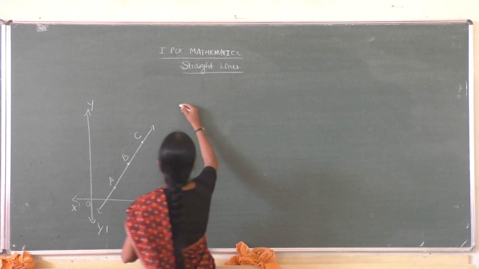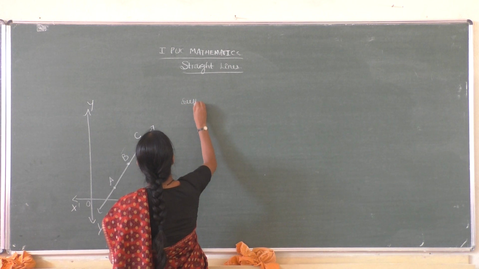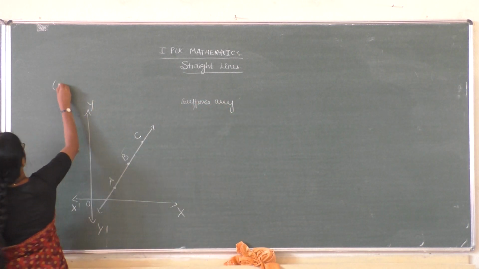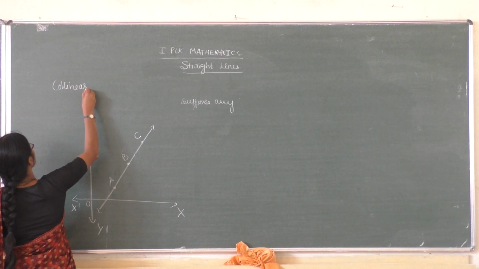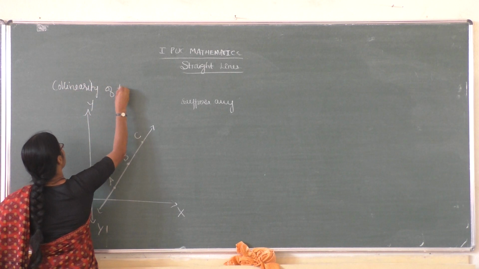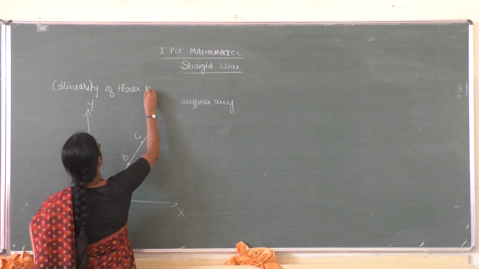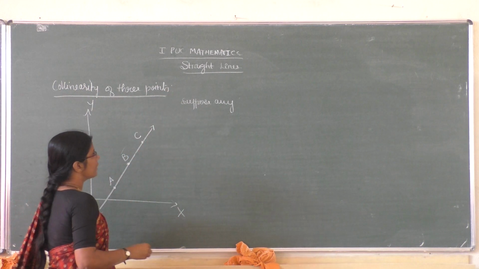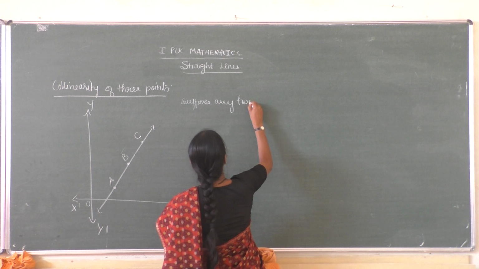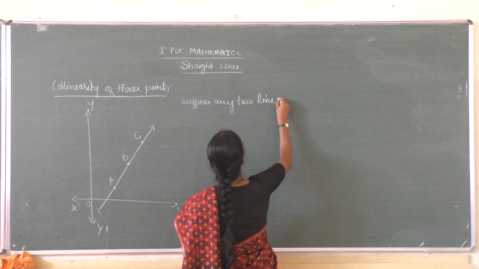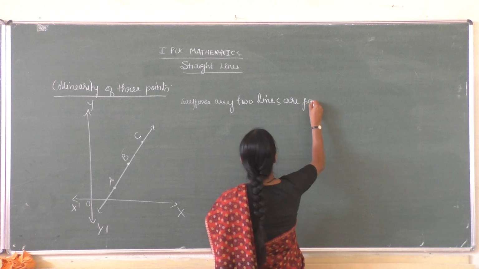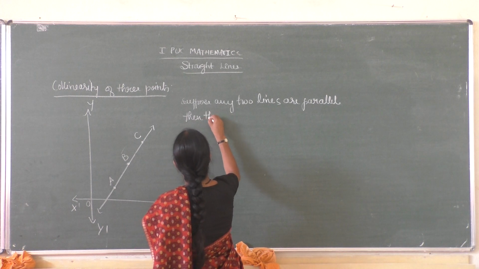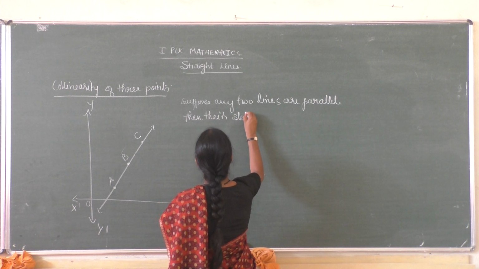This is nothing but collinearity of 3 points. Suppose any two lines are parallel, then their slopes are equal.